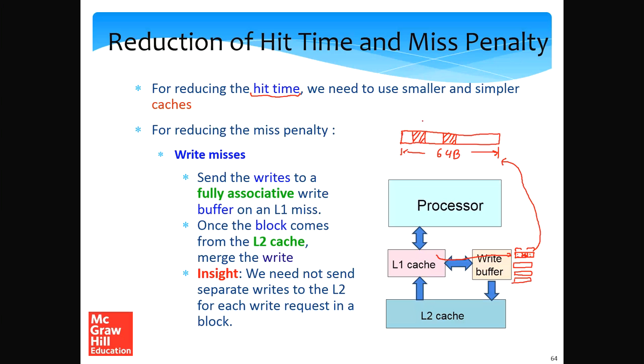Once it comes, we would know that this chunk and this chunk have already been written to, but the rest of the contents of the block, which is essentially this entire dotted region, can be filled with whatever comes from the L2 cache. So the advantage here is that we don't have to wait, and we can do our writes and then proceed with the next instructions. In a certain sense, it reduces the miss penalty of the L1 cache, especially when it comes to writes.